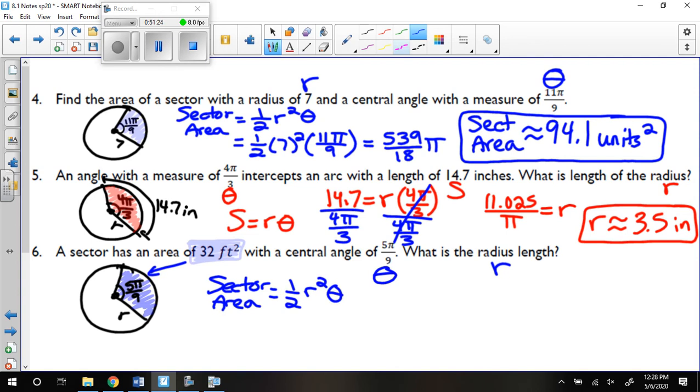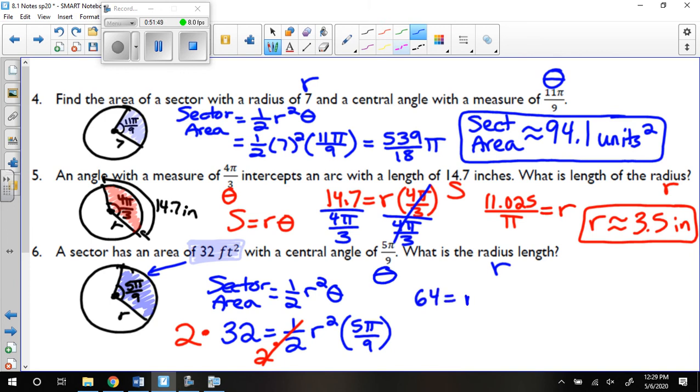And we'll plug in our sector area here is 32 equals 1/2. We don't know our radius, but our theta is 5 pi over 9. Okay, first thing I'm going to start by doing is multiplying by 2 to get rid of my 1/2 here. So 32 times 2 is 64 equals r squared multiplied with 5 pi over 9.